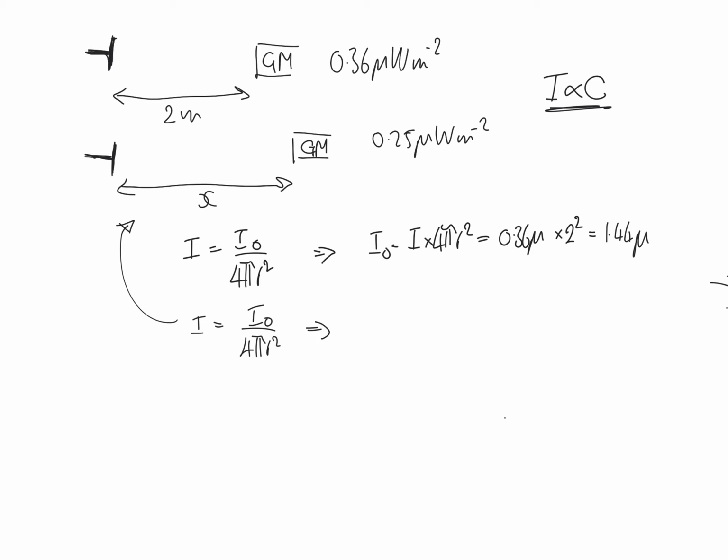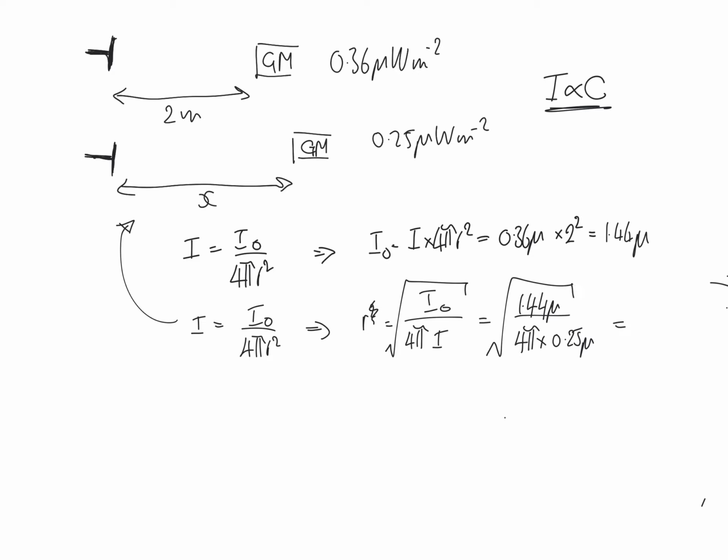R squared is going to be I naught over 4 pi I. So it gives me 1.44 micro divided by 4 pi by 0.25 micro. And then if I square root that, that should give me 2.4 meters.